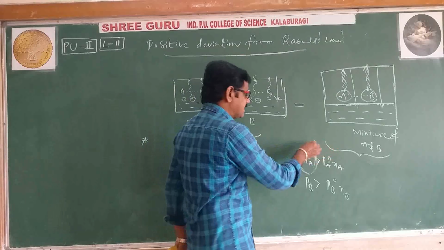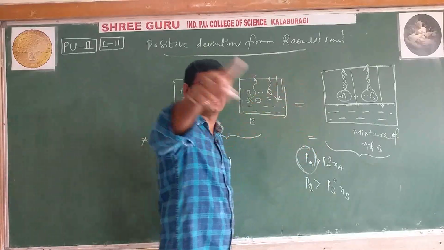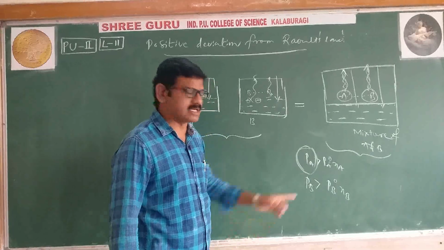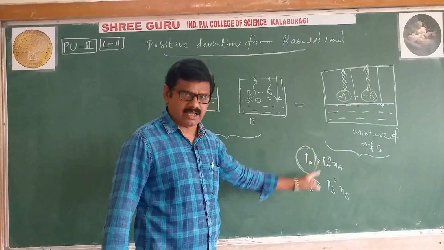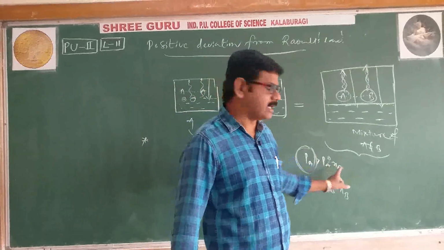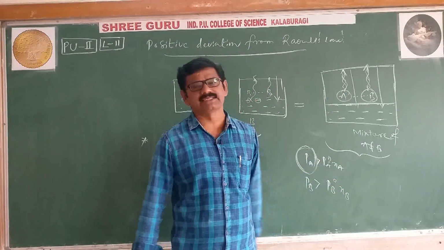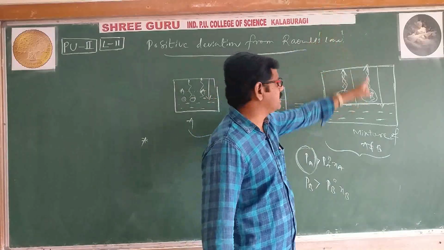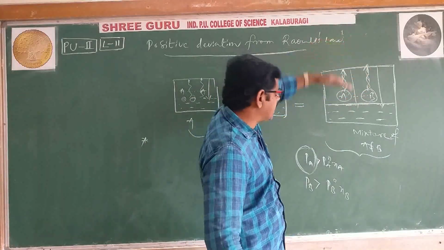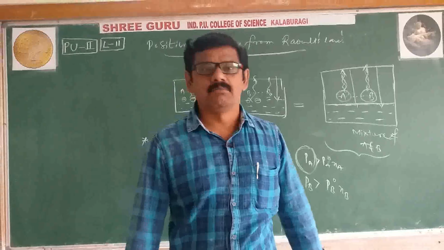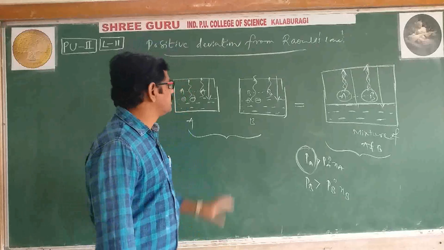Suppose if they are the same, we write equal, and in that case it obeys Raoult's law. But here it is not obeying Raoult's law because it is not equal. PA greater than PA naught XA, PB greater than PB naught XB. Why? Because component A vaporizes easily, component B vaporizes easily, A exerts pressure, B exerts pressure, both pressures are more.